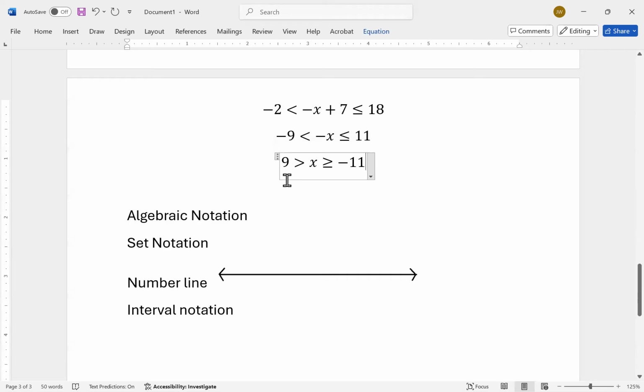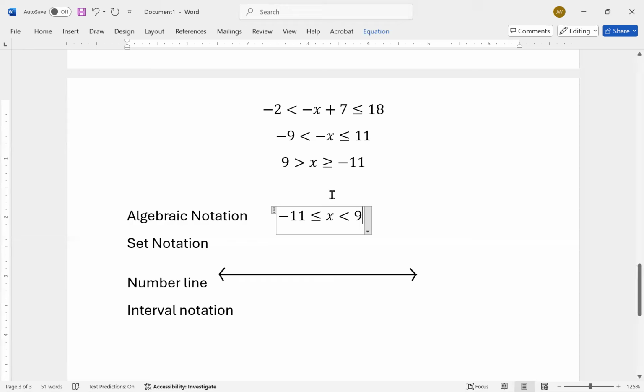Now be careful here. Technically, -11 is the smallest number and 9 is the biggest number. So you could, using algebra, write it this way. Or if somebody wanted you to, you could write this as -11 less than or equal to X less than 9.